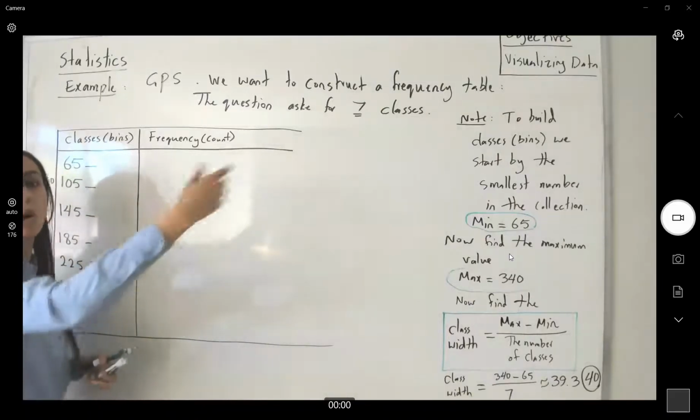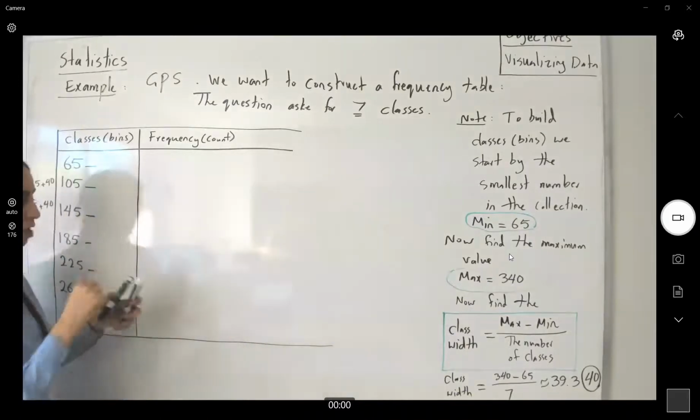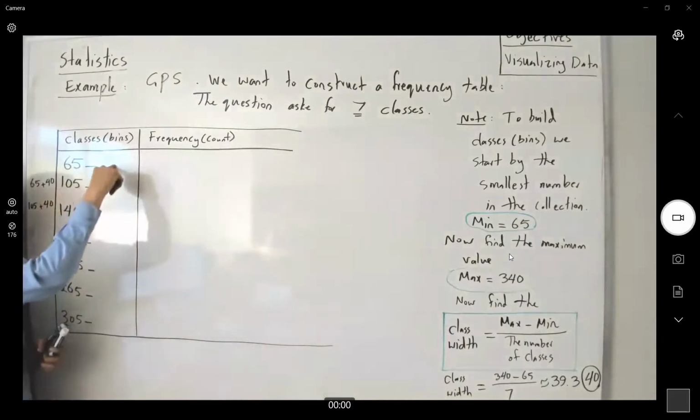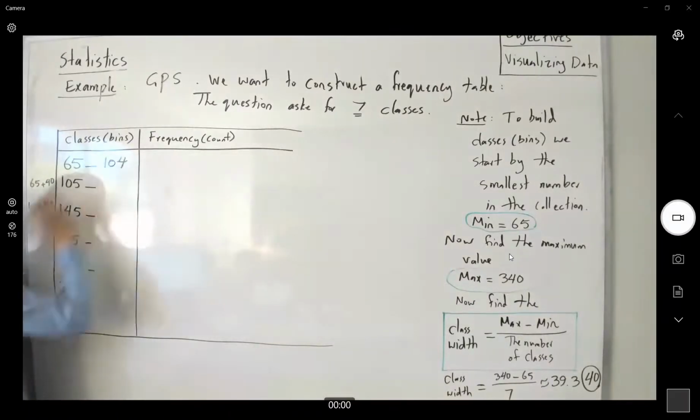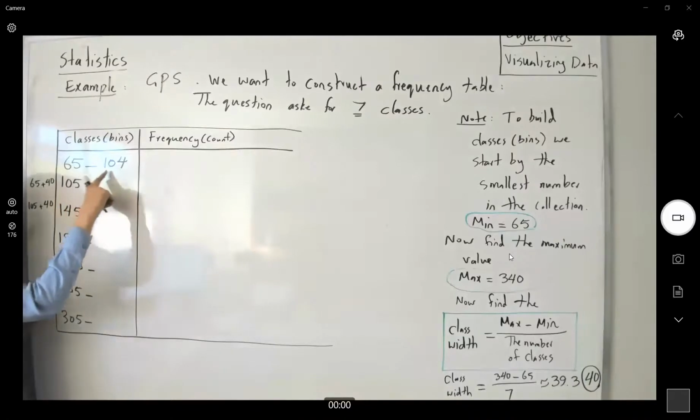So it includes all of those numbers and it stops at 104. Again, this is your very first class.